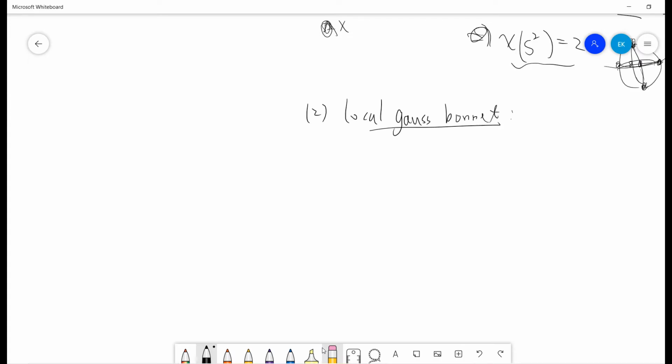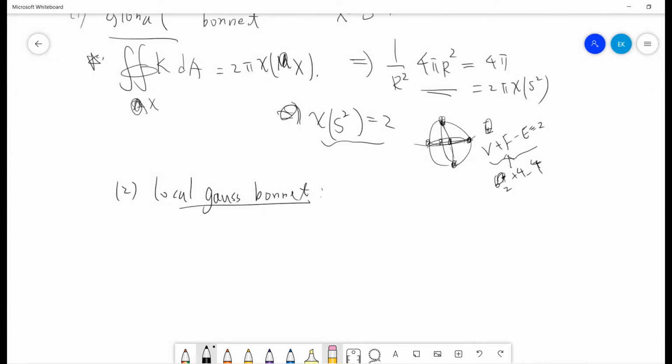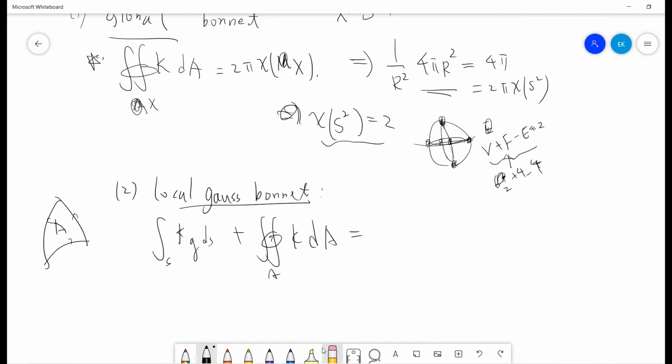Okay, so what will local Gauss Bonnet tell you? Local Gauss Bonnet says that if you have a triangle, or something that maybe is not a triangle, then the geodesic curvature along the boundary S, usually we will let this term vanish, plus the integral of K dA, the area enclosed by this triangle, plus the turning angle, right?